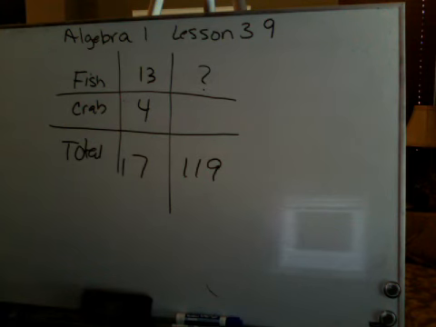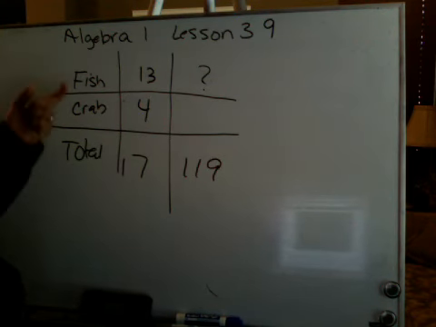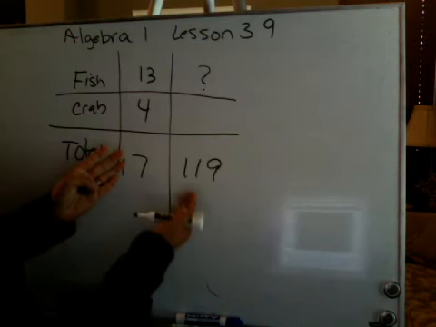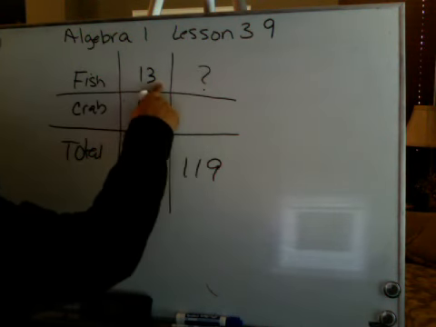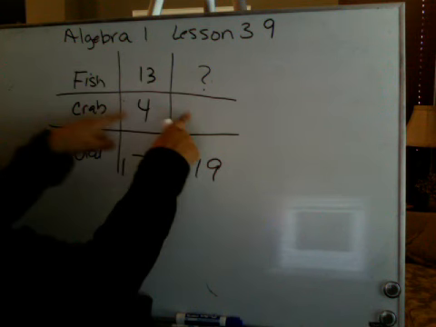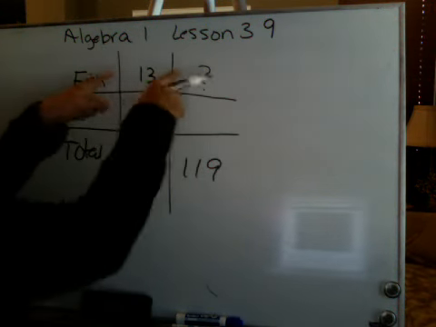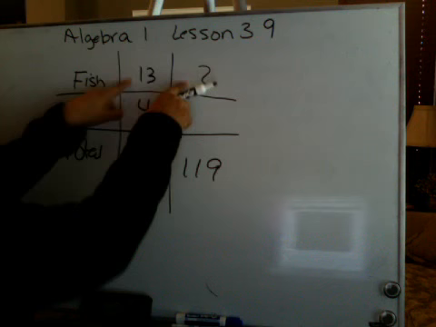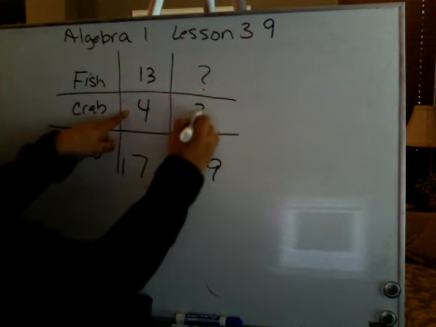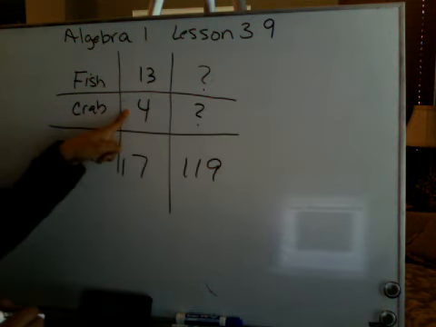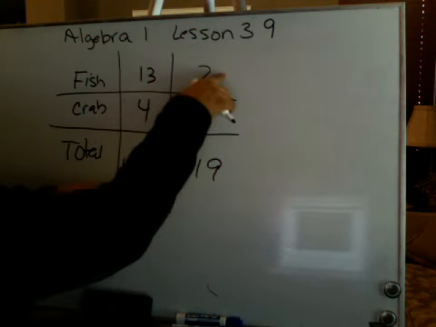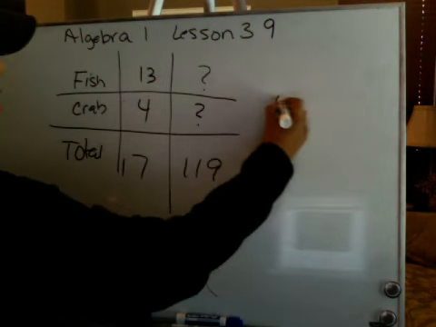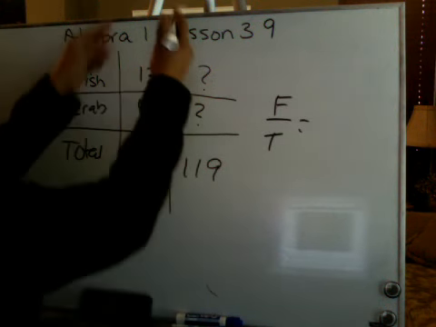So we look at our columns and say, okay, they want this. I know I have to have this to this. Can I do fish to crab? Well, if I do fish to crab, guess what? I have two unknowns. That's not going to help me. But if I do fish to total, I only have one unknown. So then I can do F to T, but you have to keep them in the same column.